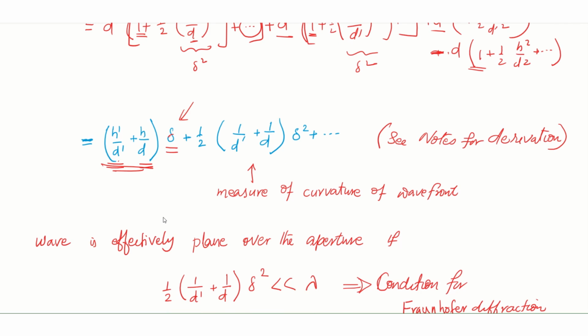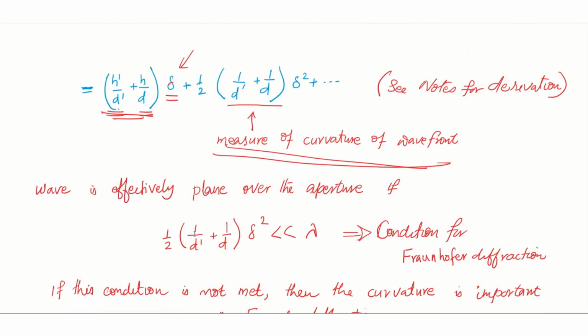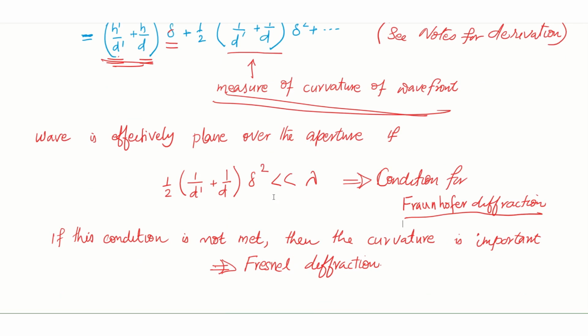Now the second term here represents the curvature of the wavefront, and the wave is effectively plane over the aperture if this quantity here is much less than lambda, and that becomes the criterion, the conditions for Fraunhofer diffraction.